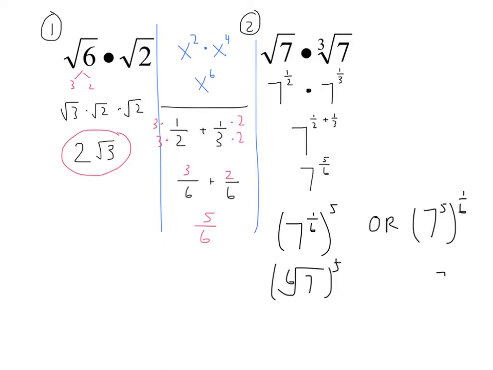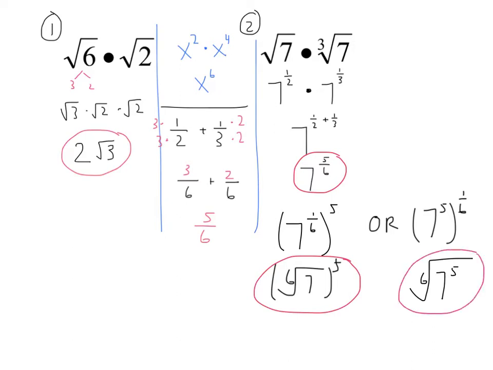This is saying 7 to the 5th power, and then we're taking the 6th root of all that. So really, there are 3 different ways to write your answer. You have 7 to the 5/6, which is the same thing as the 6th root of 7 to the 5th power, or the 6th root of 7 to the 5th power written the other way. All 3 of these things are the same.